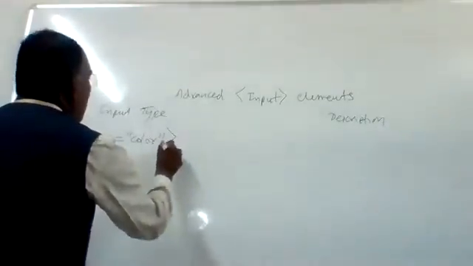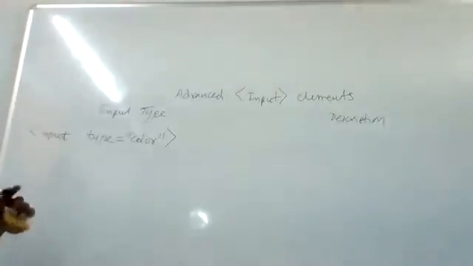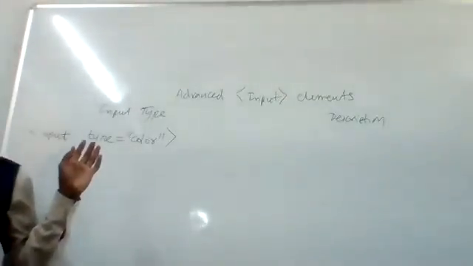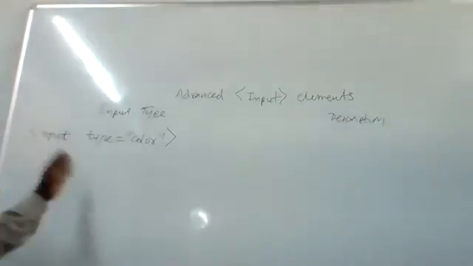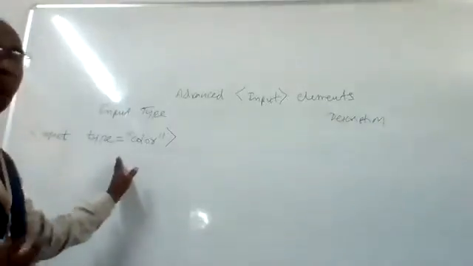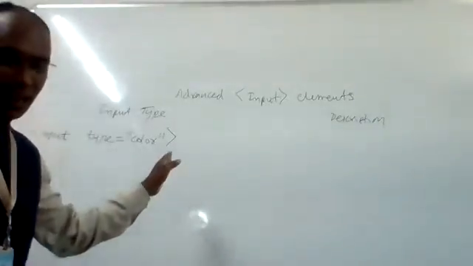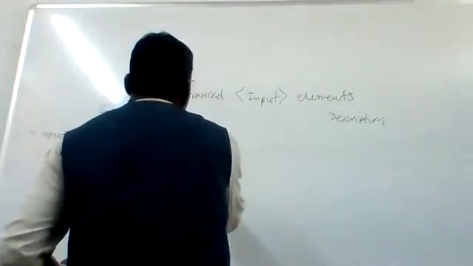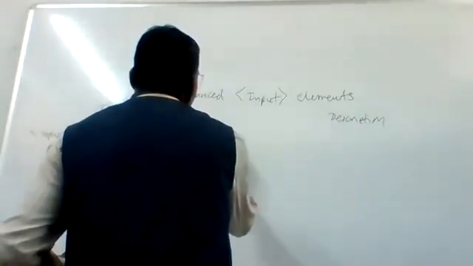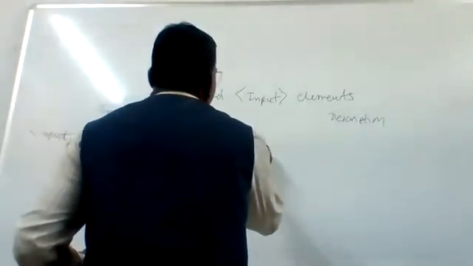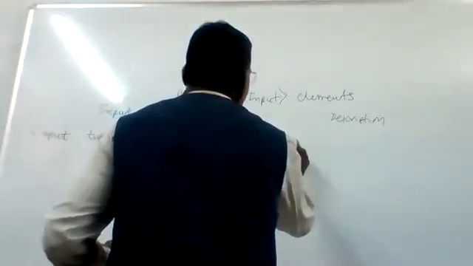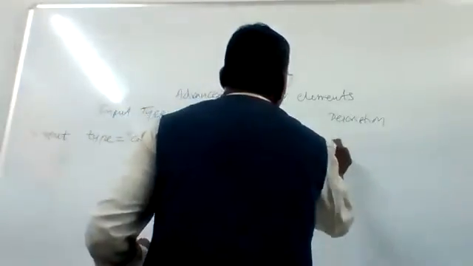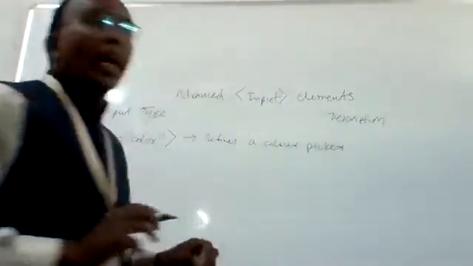input type is equal to color. The very first advanced input element is input type equal to color. Its description is that it defines a color picker.